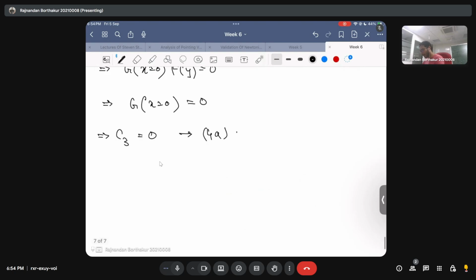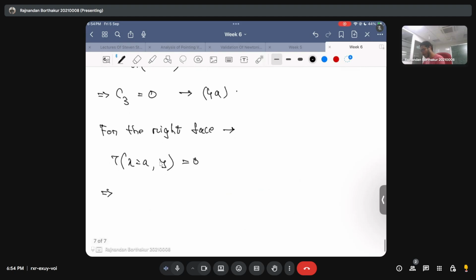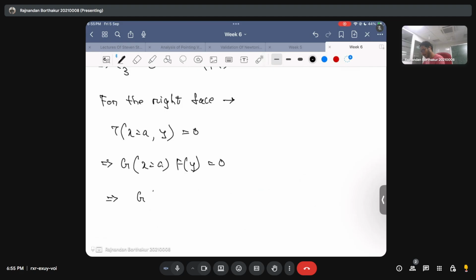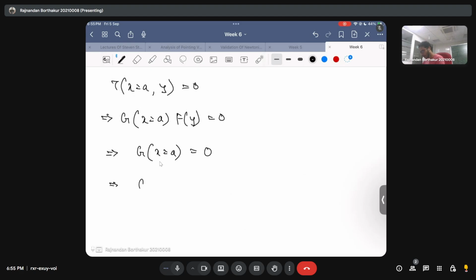And if you write the same for the right face, you can then say that my t at x equal to a for all y is equal to 0, which then again draws the same conclusion that my g at x equal to a times f of y is equal to 0, which means that since my f of y cannot be equal to 0, g at x equal to a is equal to 0, and your g at x equal to a is now c4 times sine of lambda a, and this is equal to 0, because we already know that C3 is basically equal to 0. That is from 4a that we are writing.